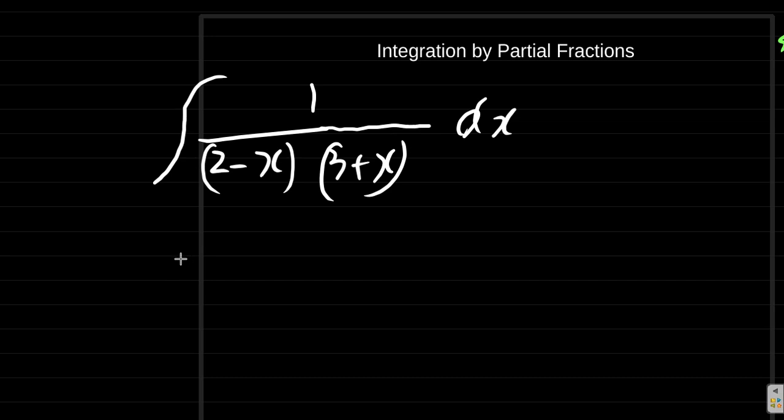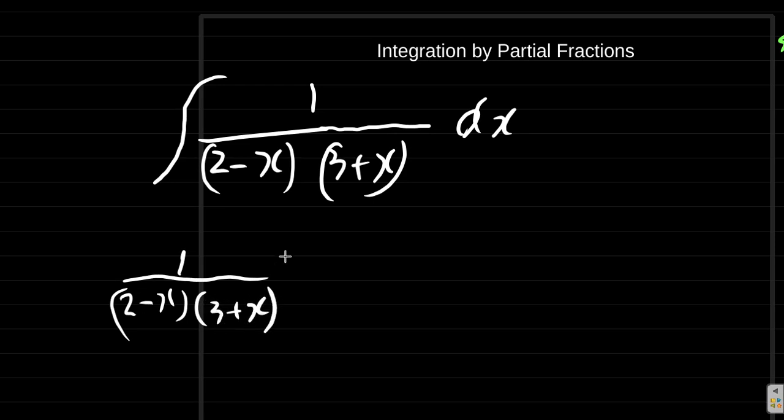You have 1 over 2 minus x, 3 plus x. You have to break them up into their partial fractions, and then your integration, right?